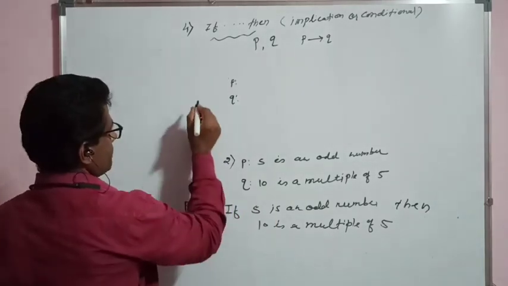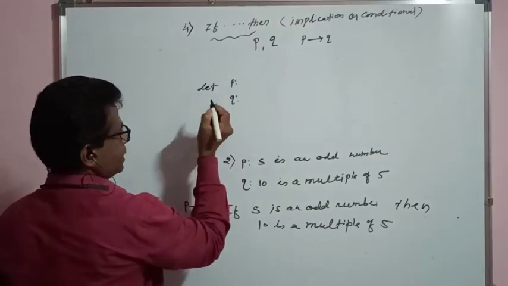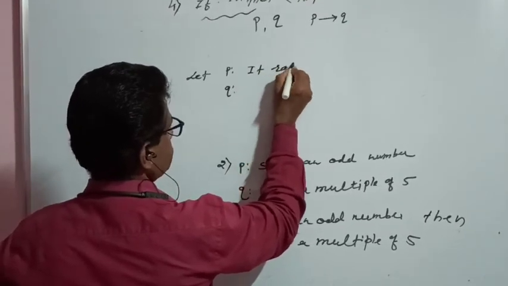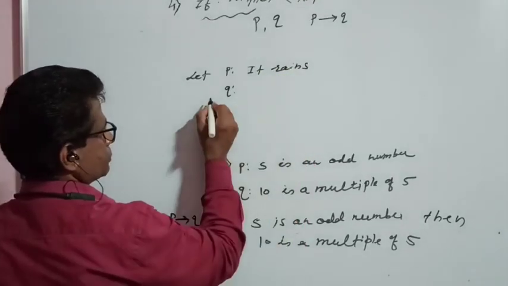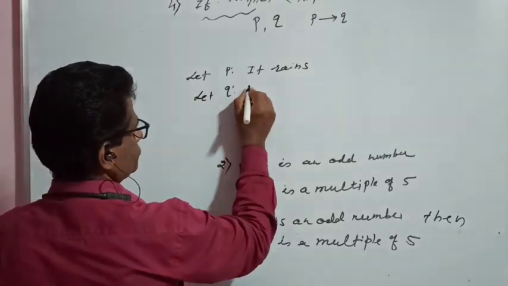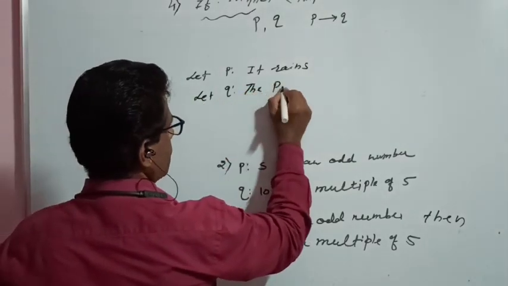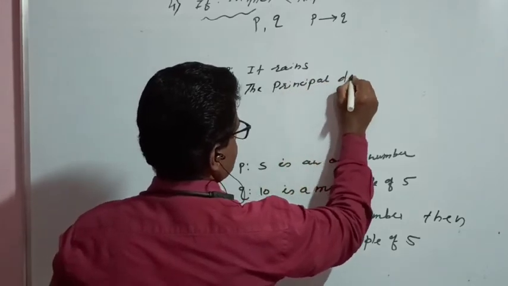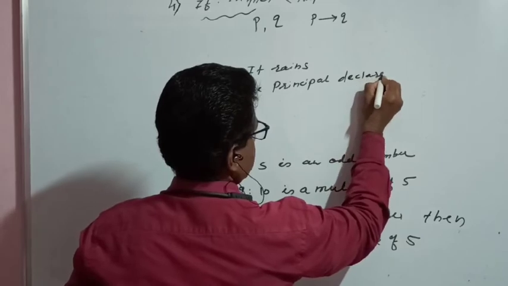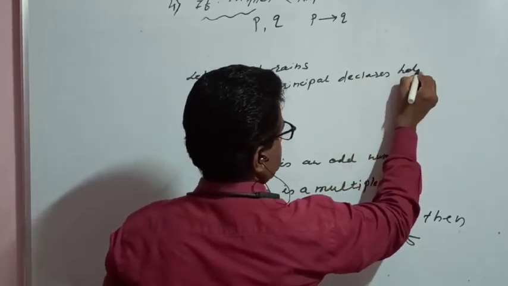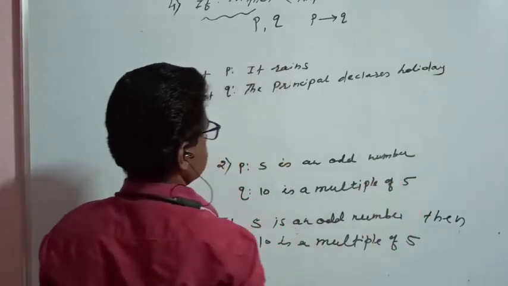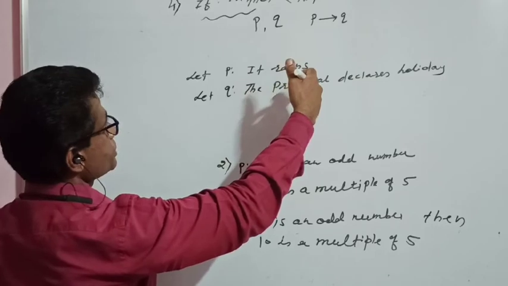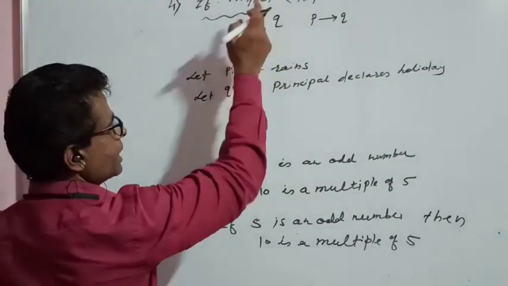Take one more example. Say let P: it rains. Statement Q: the principal declares holiday. Now let us combine these two statements by using the connective if then.